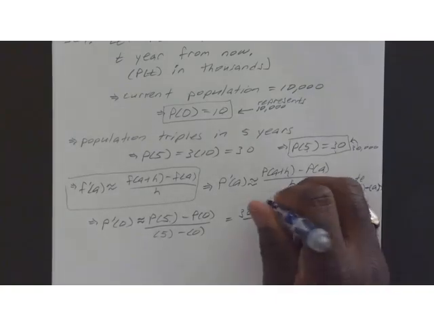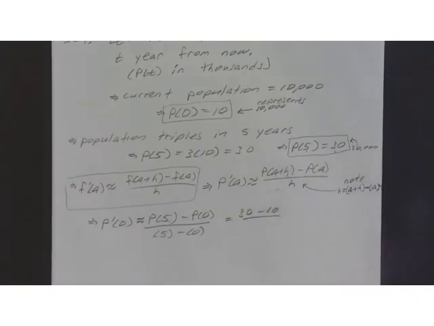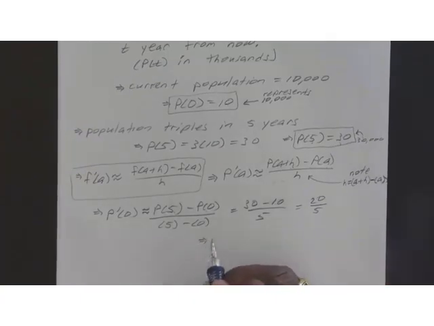All divided by 5. Okay, so that gives us 20 divided by 5. So we know that our p prime of 0 is equal to 4, or approximately equal to 4.